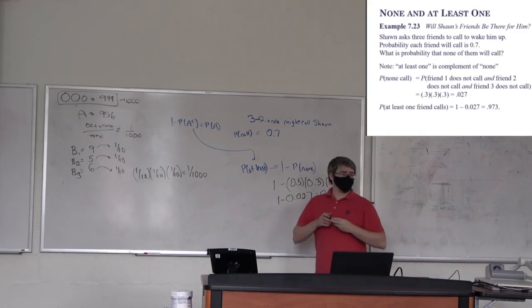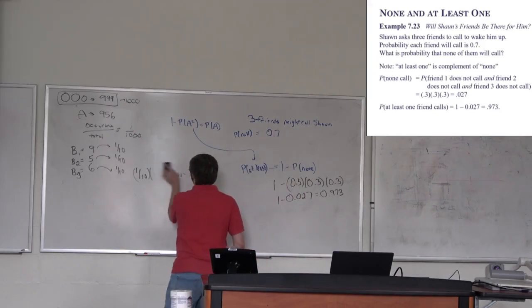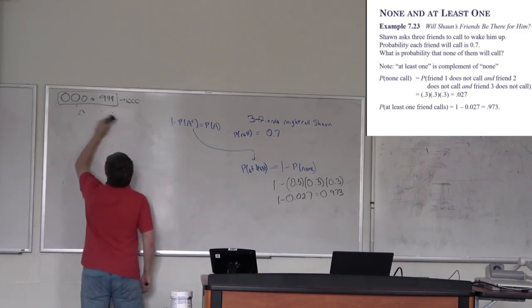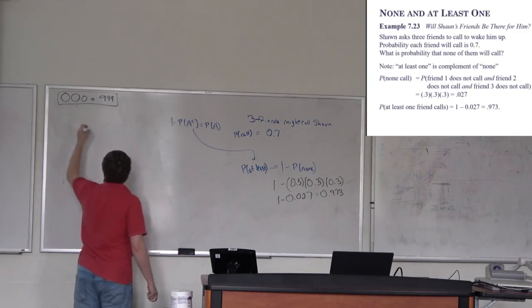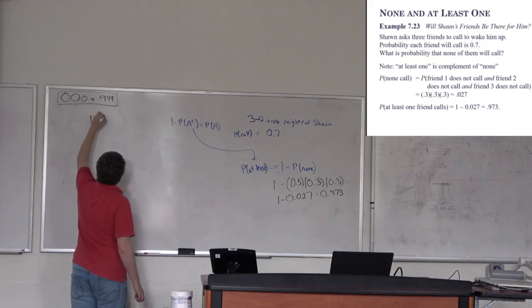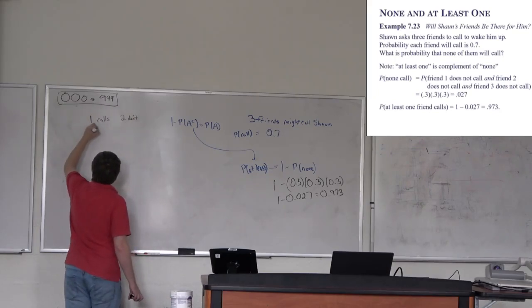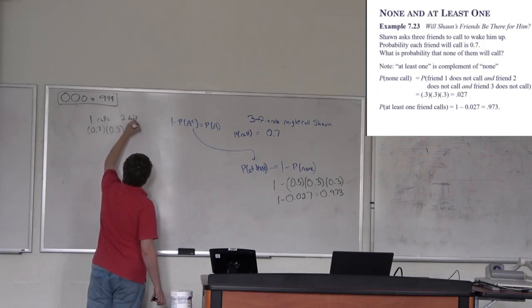However, if you wanted to do a long and drawn out way of it, you could do all the different scenarios. So you could do 1 calls, 2 don't: 0.7 times 0.3 times 0.3.